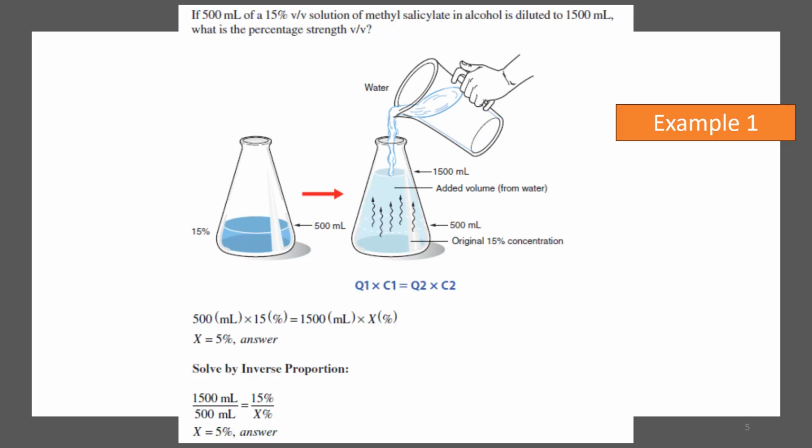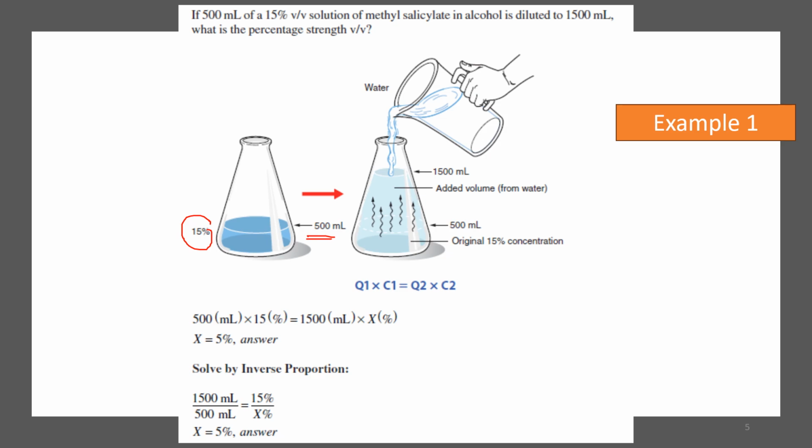This is one example that uses the Q1C1 equals Q2C2 formula. Before dilution, the mixture has 15% concentration strength, and the volume is 500 ml.